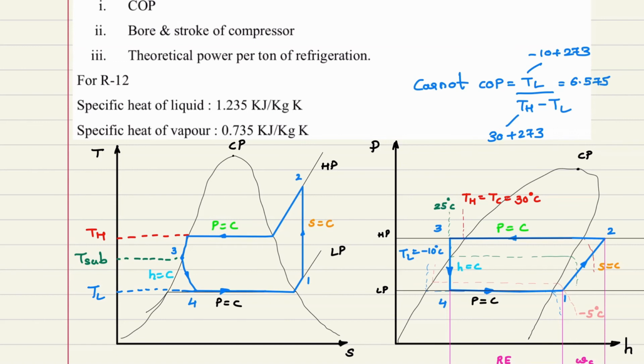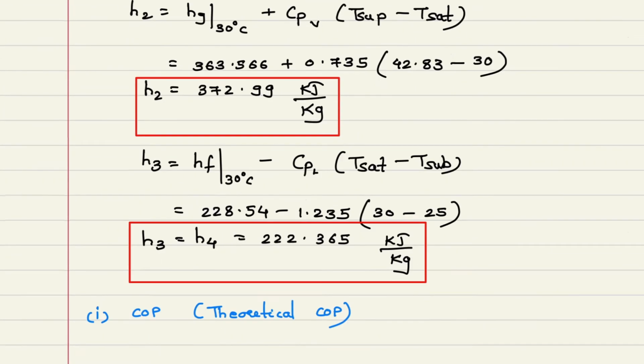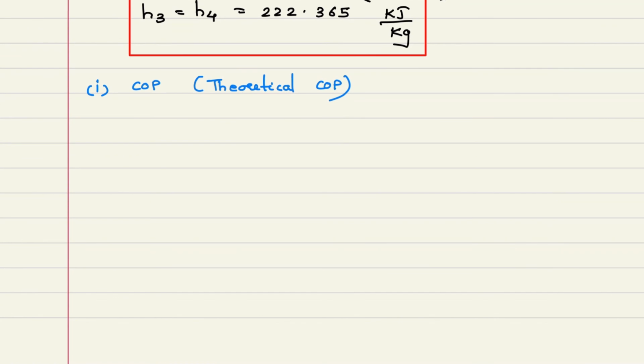Okay, it is not asked, still we are calculating so that you can understand what the equation is and how to use it. Okay, so we'll calculate COP theoretical. So COP theoretical is equal to refrigerating effect upon compressor work.